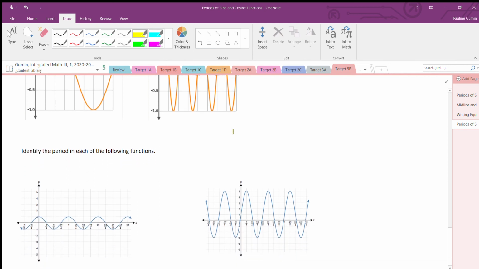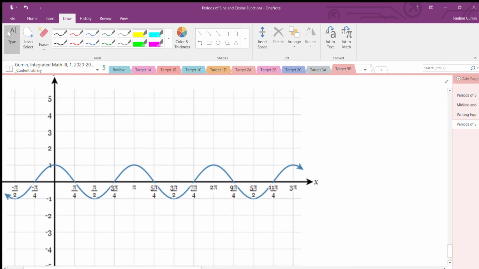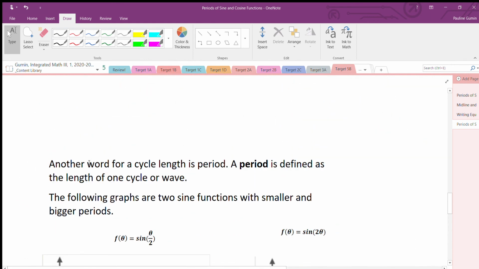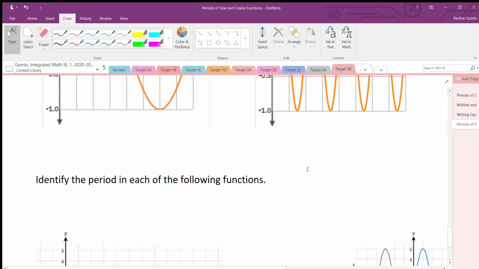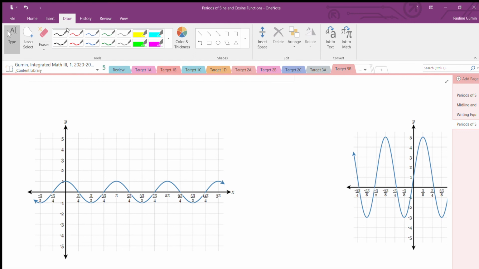Well, let's check these two graphs out and take a look at their possible periods. This one starts at 1, so that kind of looks more like my cosine graph. Starts at 1, goes down, and then goes back up. So let's see how that looks here. Let me grab a marker to trace over it. All right, let's start my cycle.